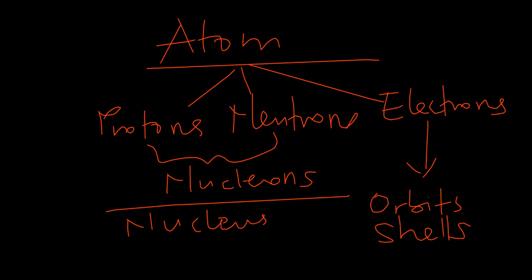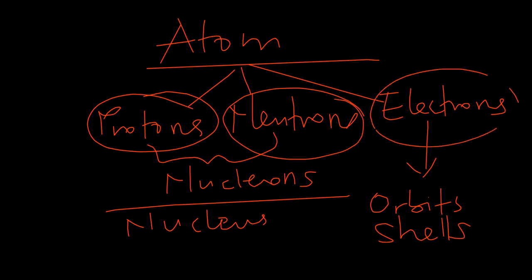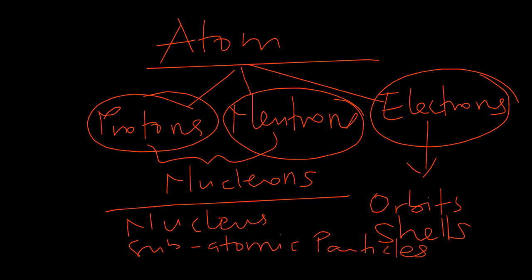Now, the protons, the neutrons, and the electrons are called the subatomic particles. So, when you talk about the subatomic particles, you are referring to the protons, the neutrons, and the electrons.